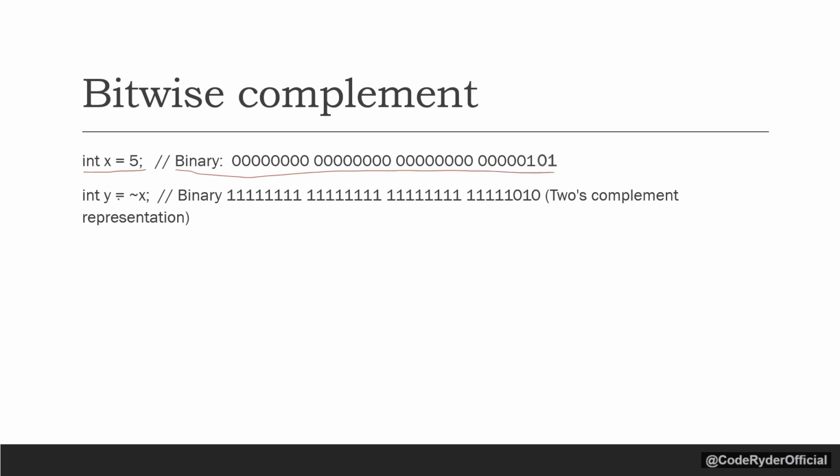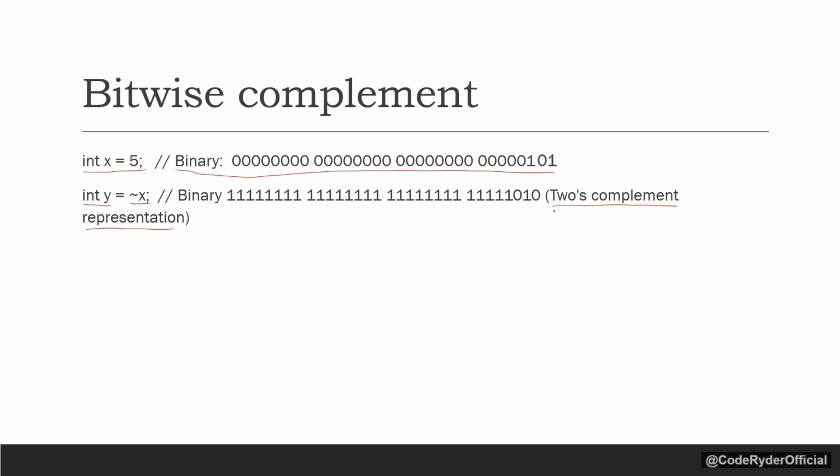Now if you create another variable int y, which is the complement of x, what it will do is the 2's complement representation. It will reverse all the binary digits that we had in the x variable. All the zeros would be replaced by 1 and all the ones would be replaced by 0.